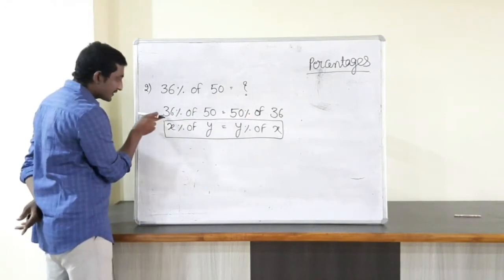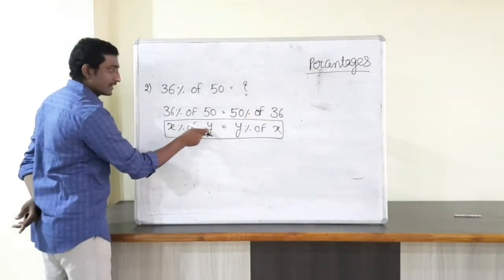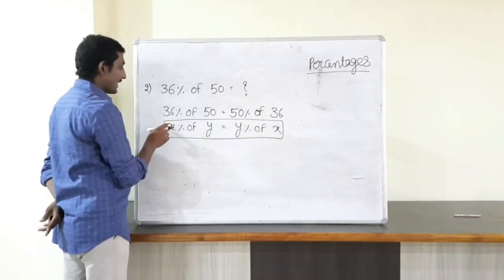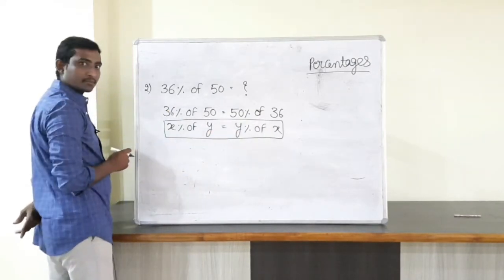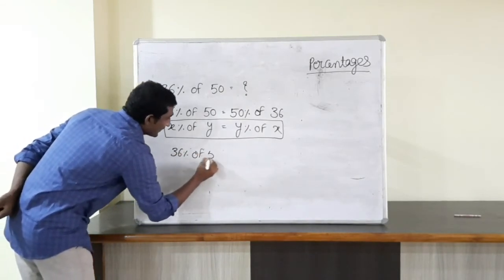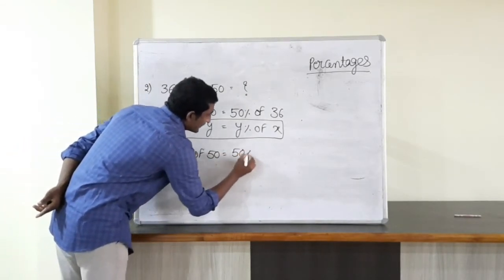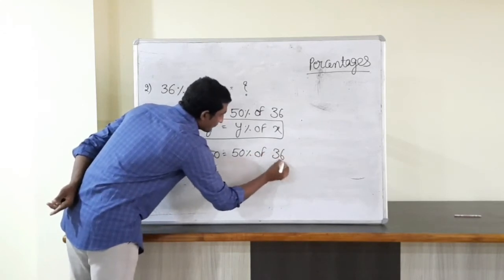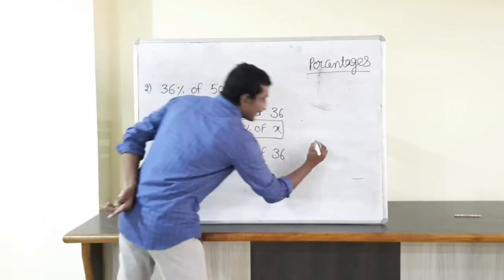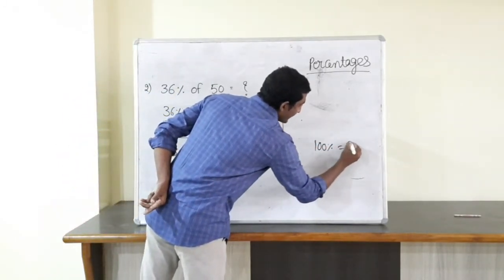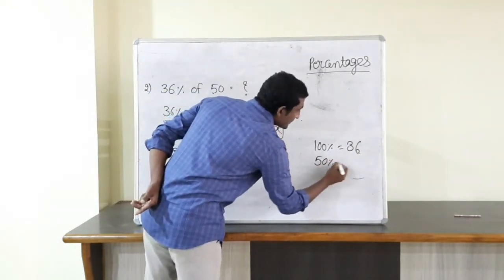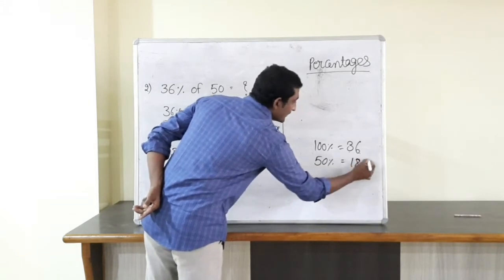For example, just assume this is x, this is y. Now y percentage of x means 50% of 36. So 36% of 50 equals 50% of 36. 50% of 36, how much? 100% equals 36, and 50% means half of 36, that is 18.